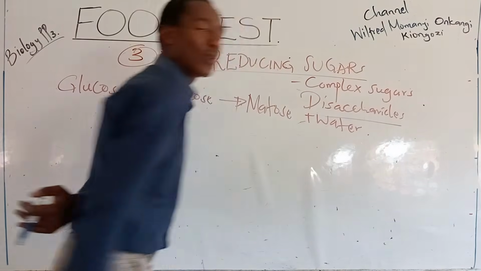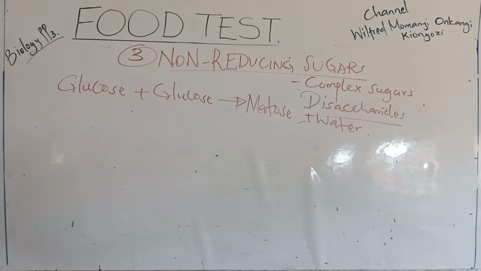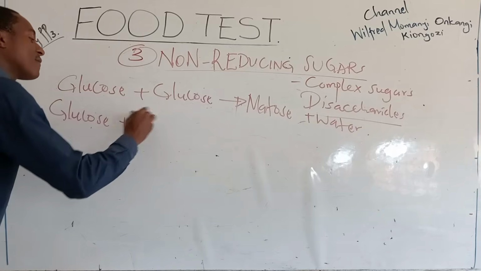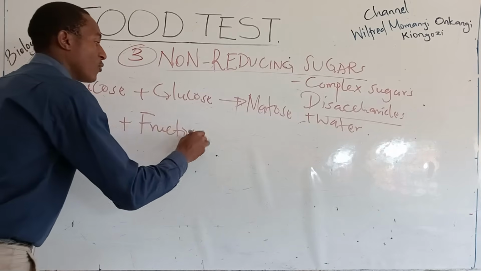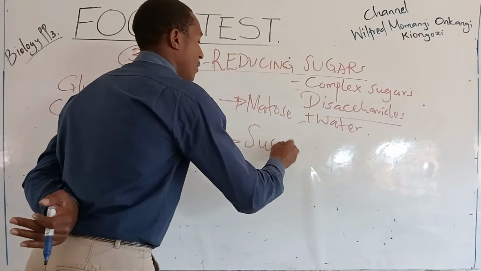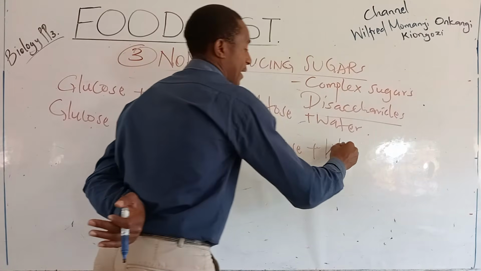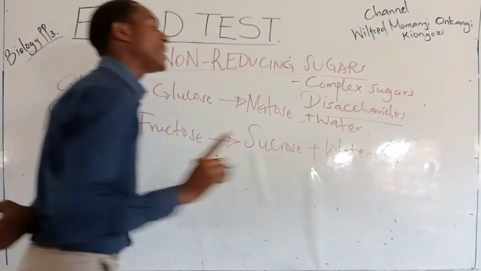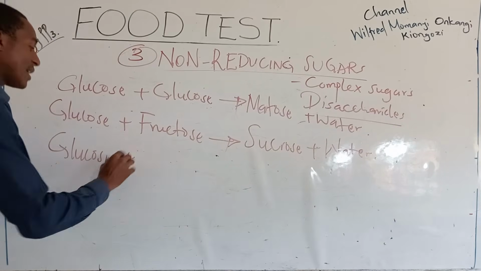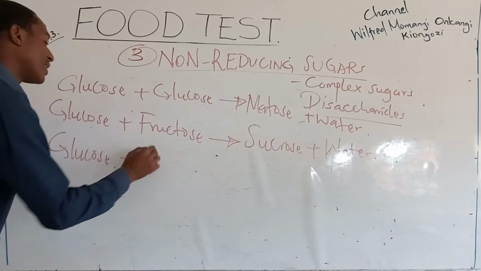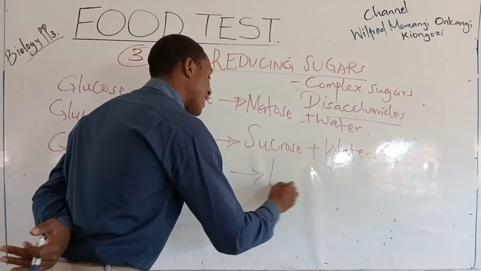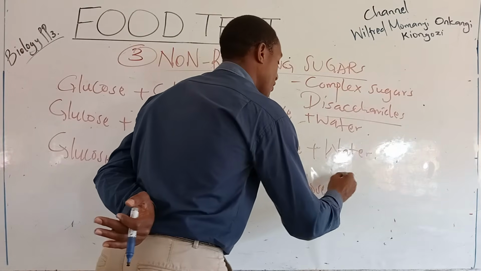I'm taking you back just to remind you of a few of these things. If you have glucose plus fructose, you form sucrose plus water. And finally, if you have glucose plus galactose, you form what we call lactose plus water.